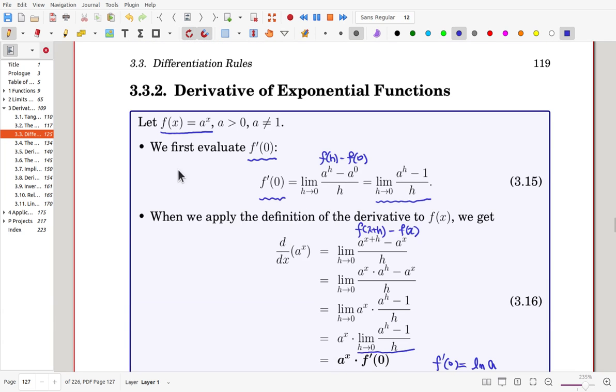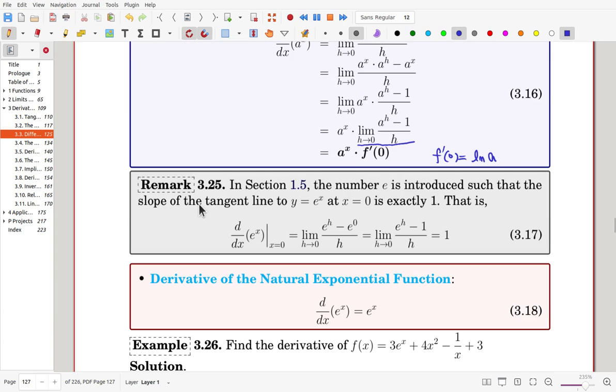Now, among all exponential functions, we'll consider the function y equals e to the x. The number e is introduced such that the slope of the tangent line to the function at 0 is 1. That means that if you try to get the derivative of e to the x at 0, then in the definition we can write in this way, and it becomes 1.